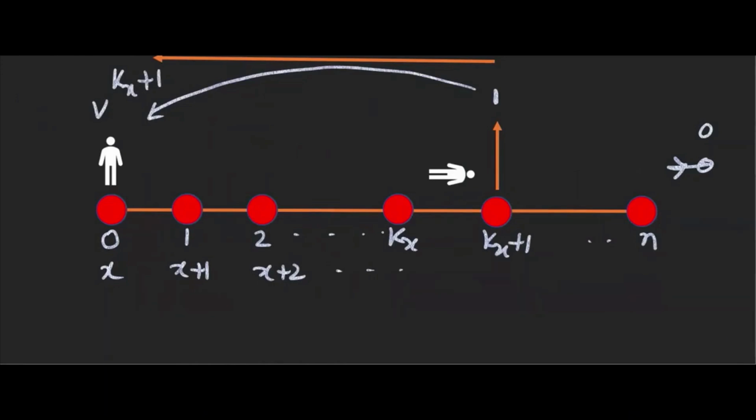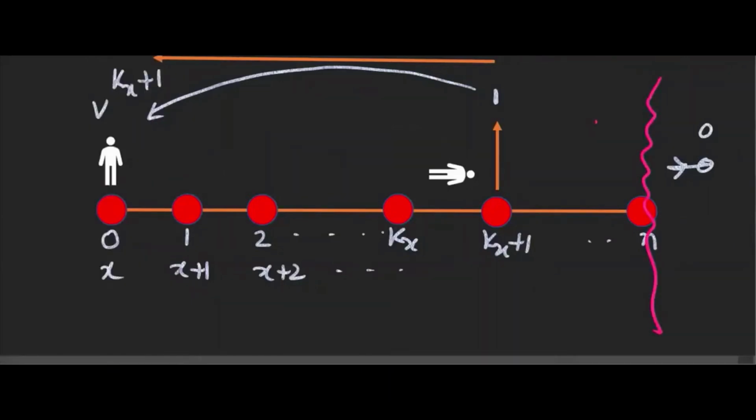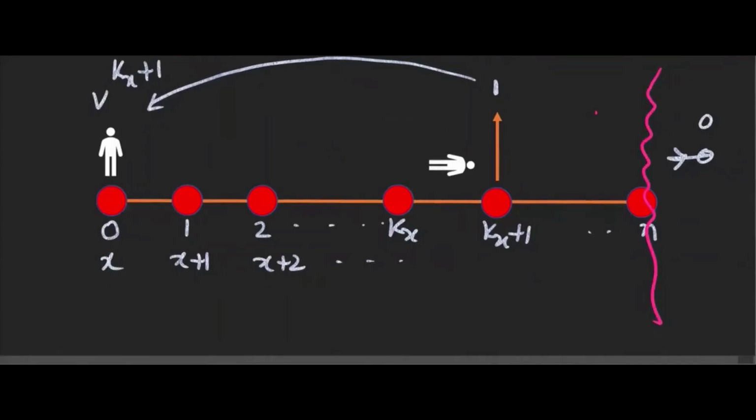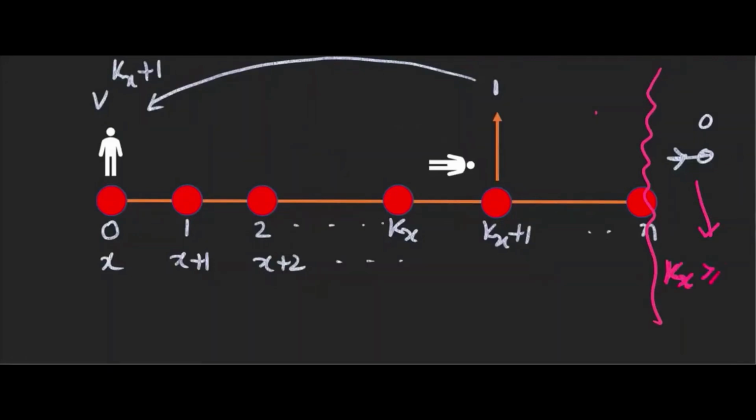There is a condition. That condition you need to write here. The condition is that the person should die before this time, not after n. So this means Kx is greater than or equal to n, right? If Kx is equal to n, it means this person is dying between n and n plus 1. Greater than n means dying after this time.